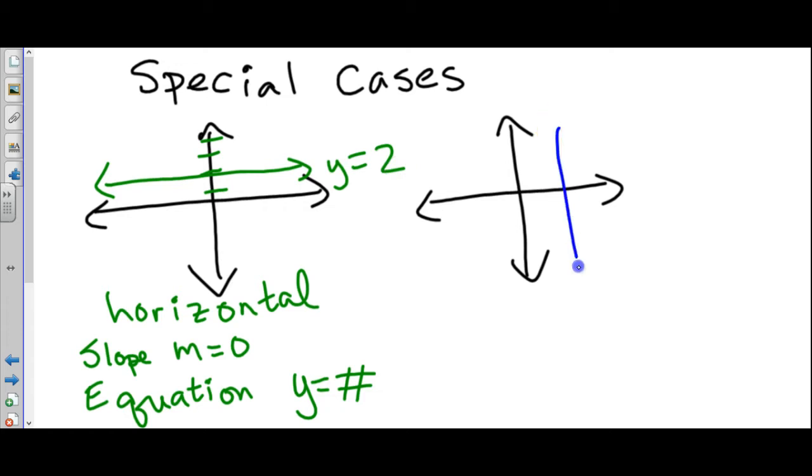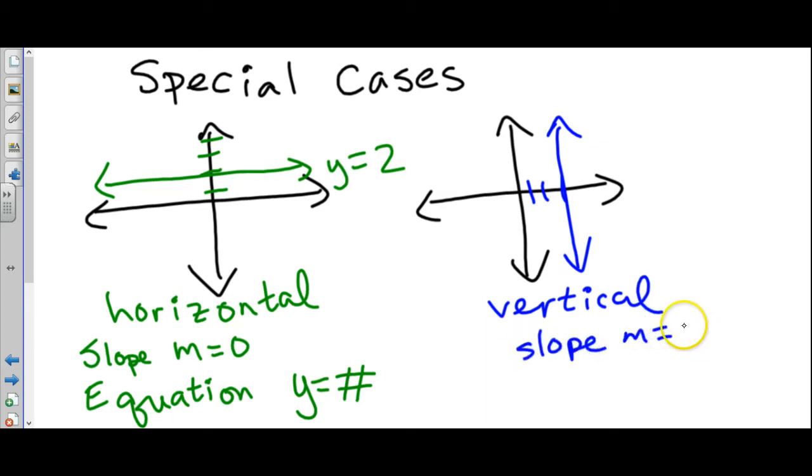If I have a vertical line, then we have a slope that is called undefined. Or sometimes they say no slope. No slope is different than a slope of 0.